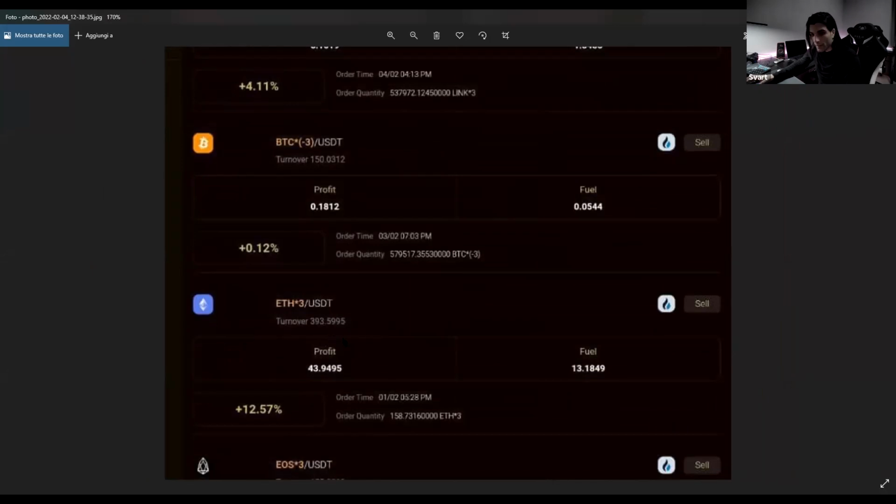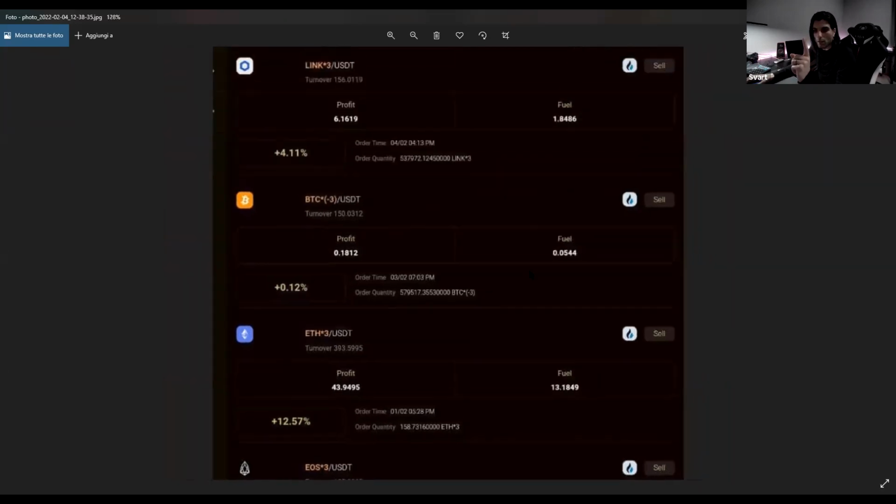Also on the intermediate strategy, we are on a $1,000 strategy, and we gain on a single sale $43 of profit, the 12% of almost $400 with a single sale. You can, of course, understand that this profit is the 4% in one single sale of the intermediate strategy. So we did the 4% of our total tradable funds with one single sale.